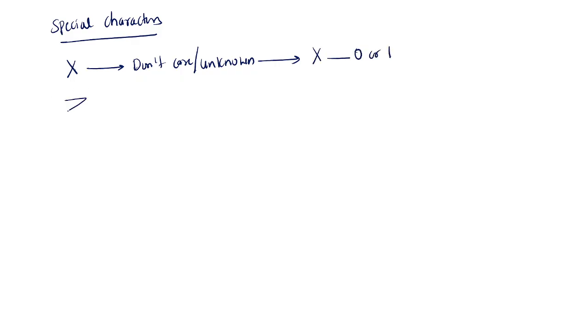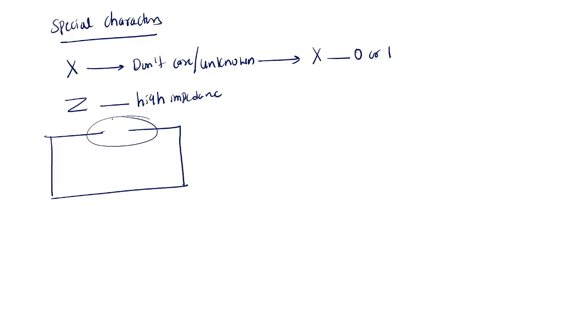And Z is high impedance. High impedance is nothing but not connected. We already saw Z in the analog part. So this is nothing but not connected. This is high impedance.